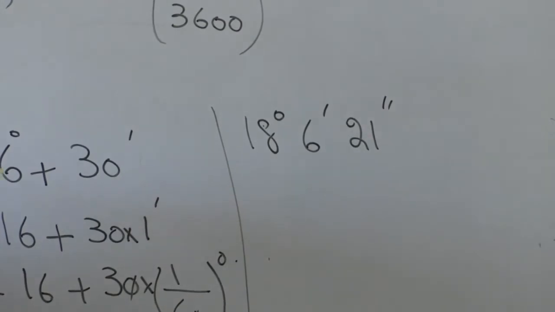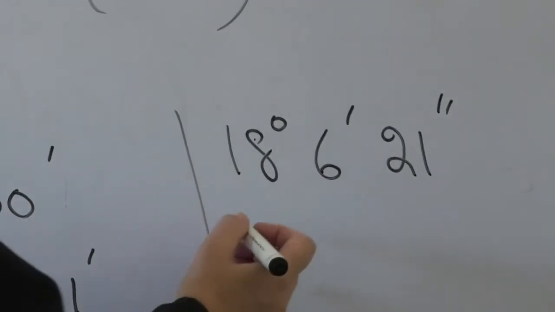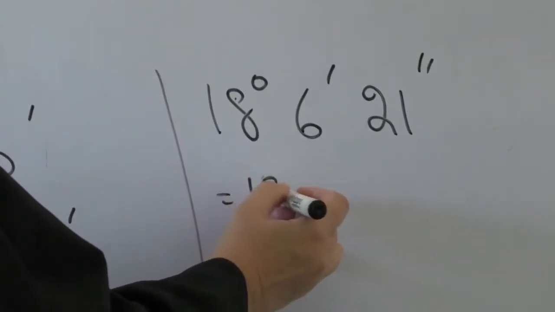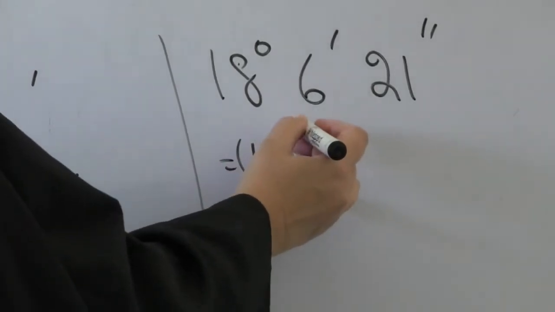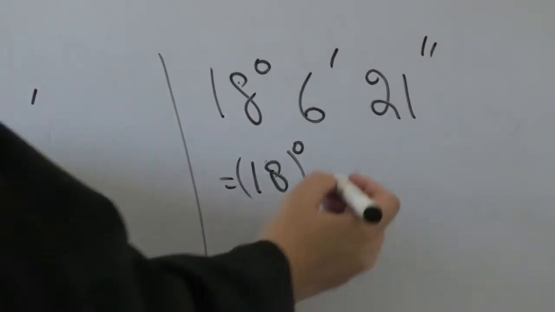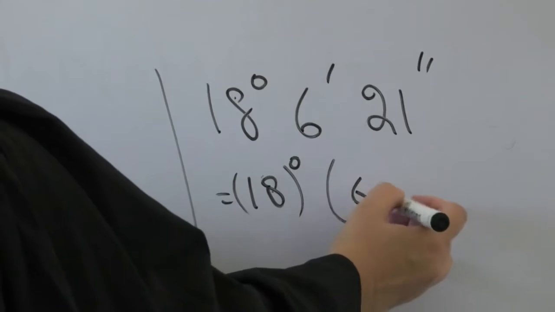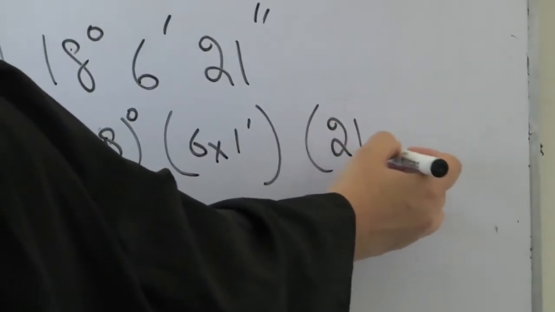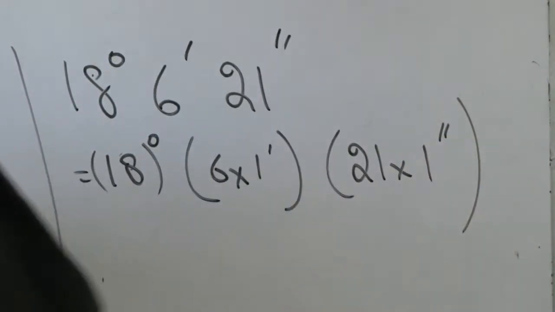How we convert it into decimal degree form. First value is 18 degree plus 6 minutes and 21 into 1 second.